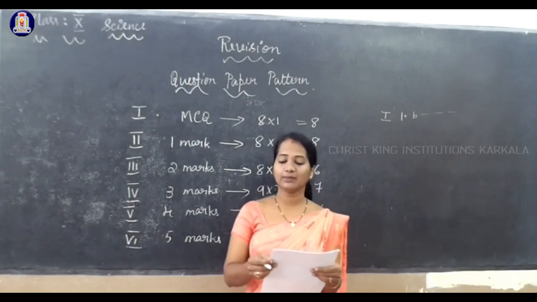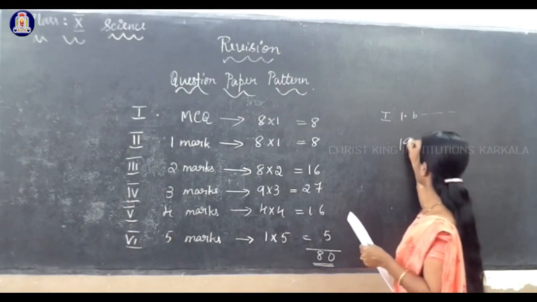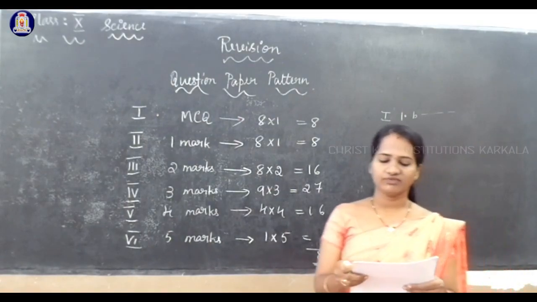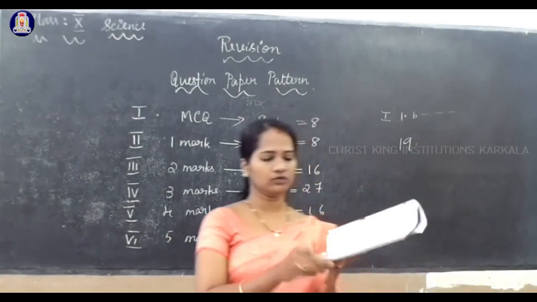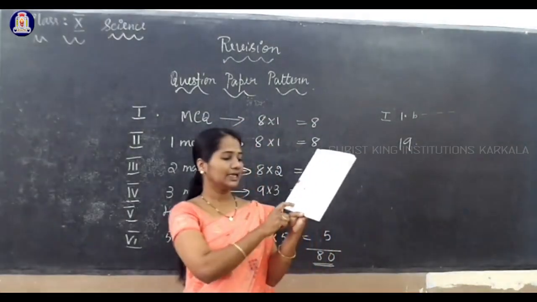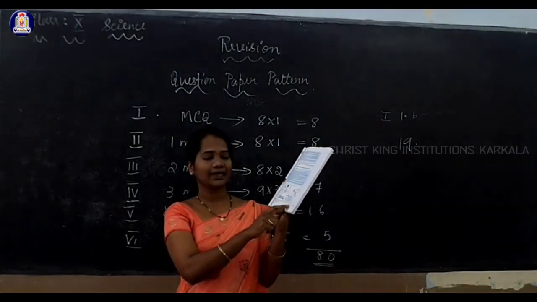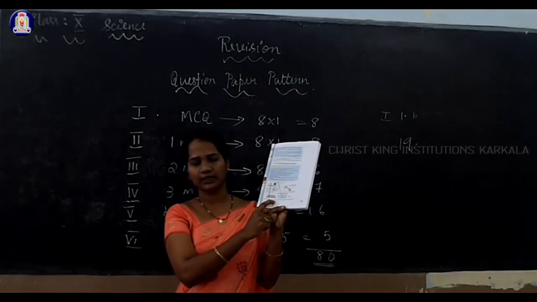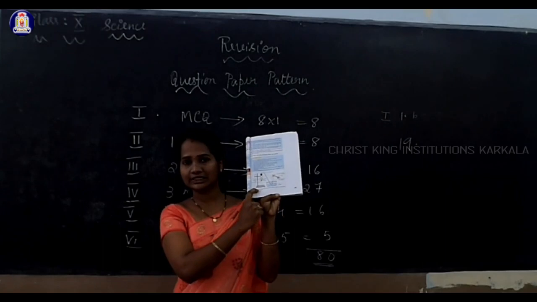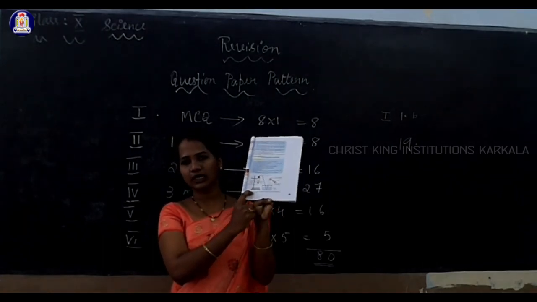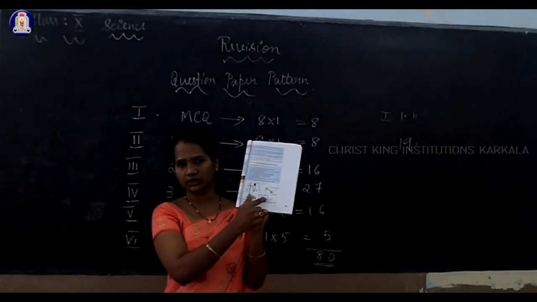In that lesson, page number 19, figure 2.1, this diagram, the reaction of zinc granules with dilute sulfuric acid and testing hydrogen gas burning. This diagram can be asked sometimes for 3 marks, sometimes for 2 marks. So it is a very important diagram.